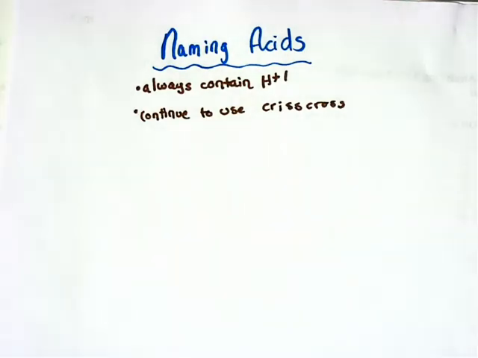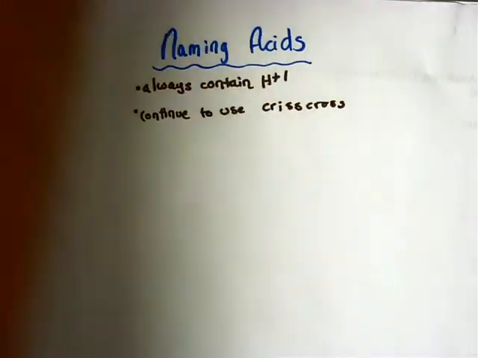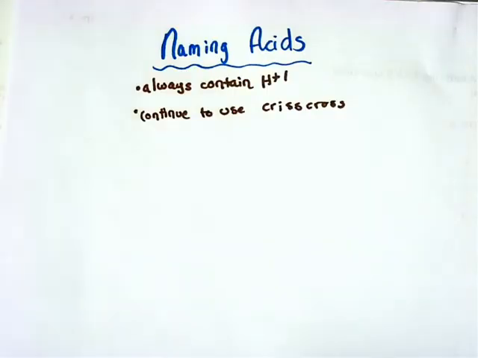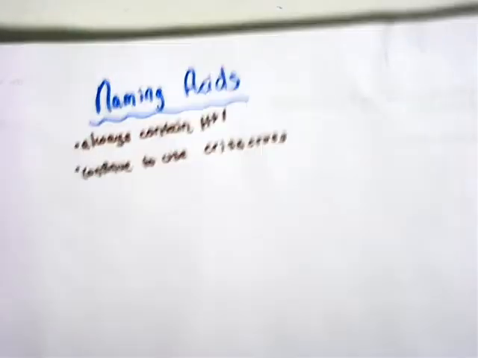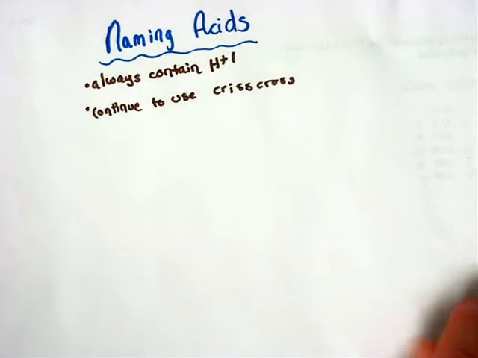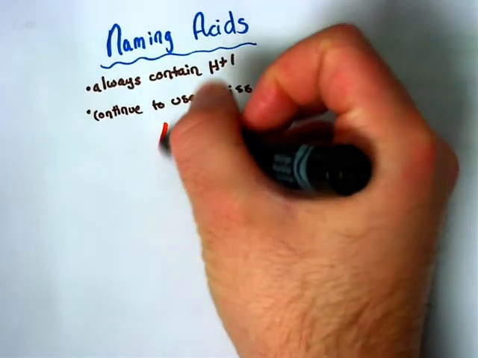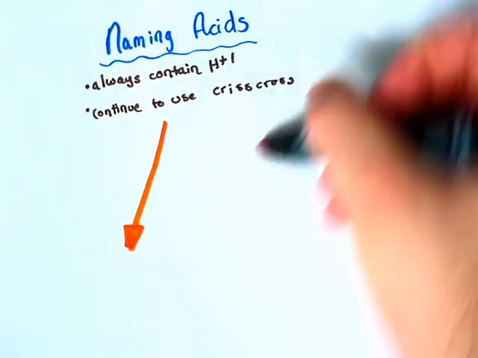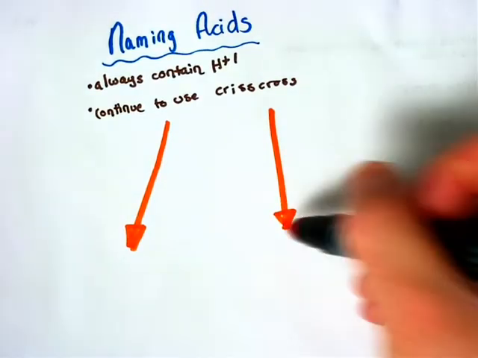Now what I want us to do is draw two lines off of this. I want us to draw a line right off of the fact that these are acids, coming down this direction and this direction.